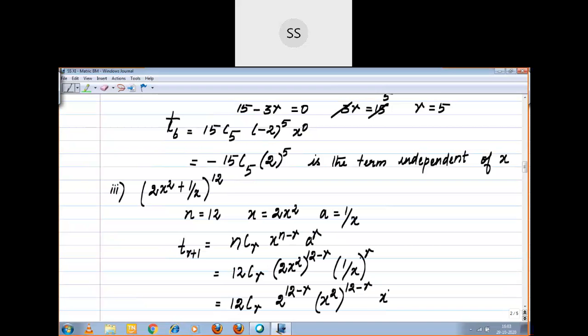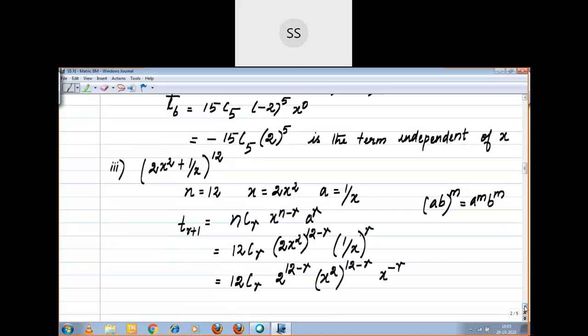The x I am going to shift to the numerator, so x power minus r. When I shift x to the numerator, it becomes x power minus 1 into r, minus r. Here also I apply the law of exponent. ab the whole power m can be written as a power m into b power m. That I applied here.